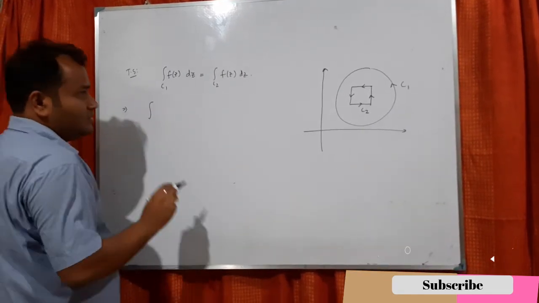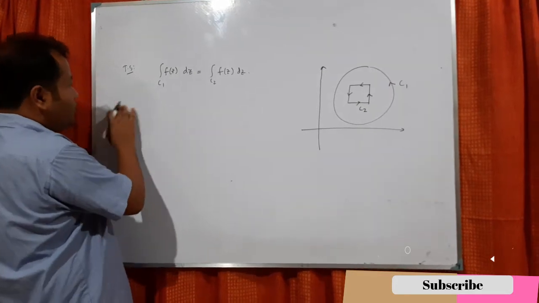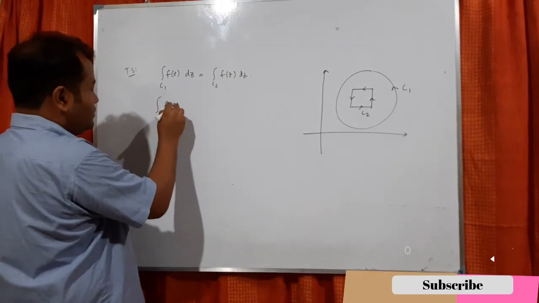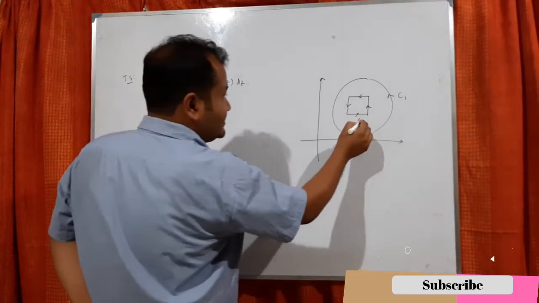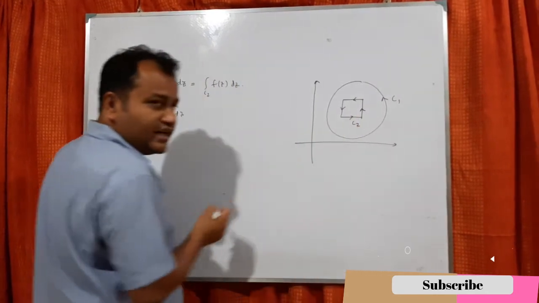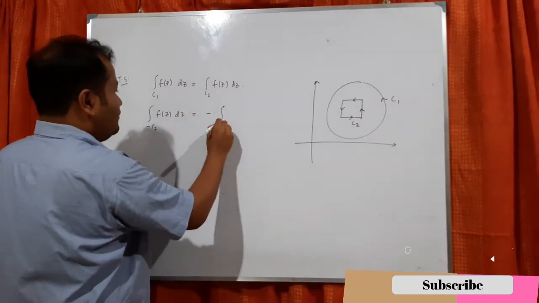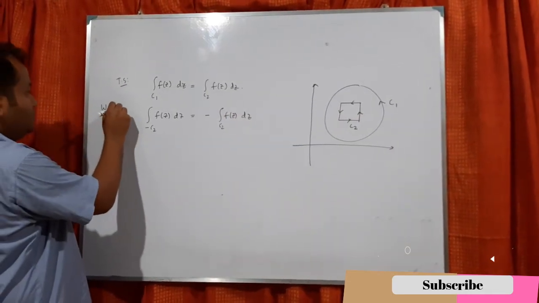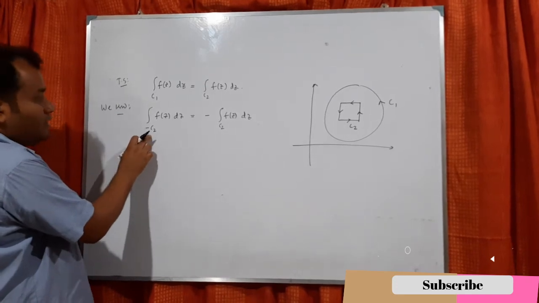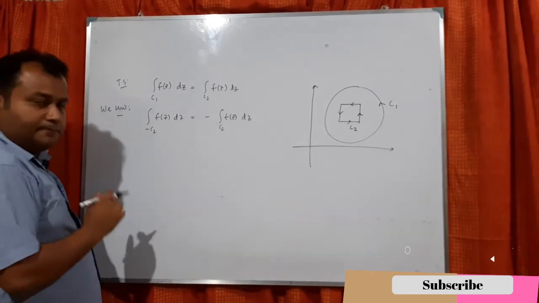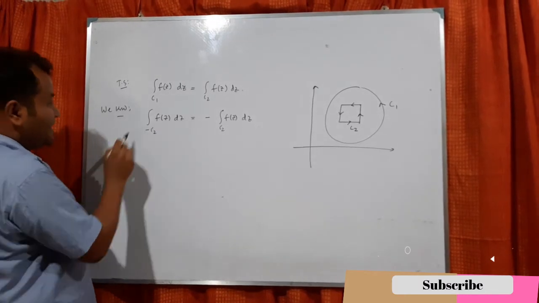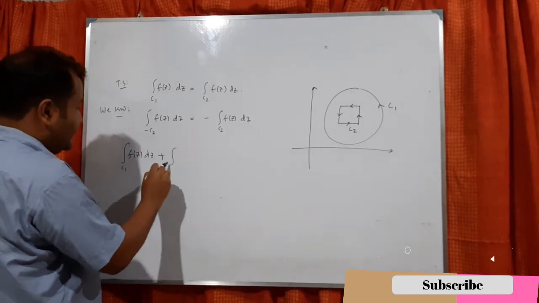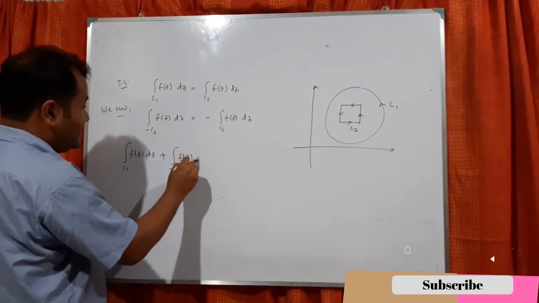First of all we know that if I take minus C2 f(z) dz, that means if I take the inside portion in the opposite direction, then it is nothing but minus of integral over C2 f(z) dz. This we know, because if I change the direction, the value will change. So from the previous theorem we can write integration over C1 f(z) dz plus integration over minus C2 f(z) dz equals 0.